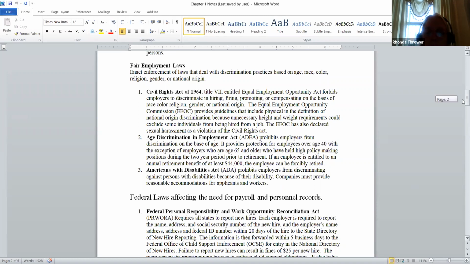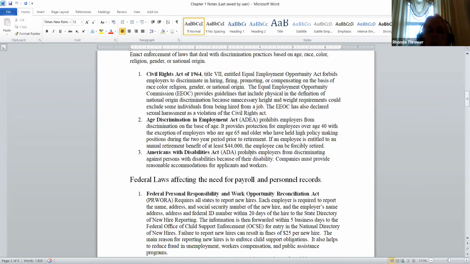An employer cannot discriminate against a person with a disability, and by reasonable accommodations, a lot of times they mean that you need to have access to the building where you have wheelchair access. And as long as the employee can do the job, you should not discriminate against them because they have a disability.